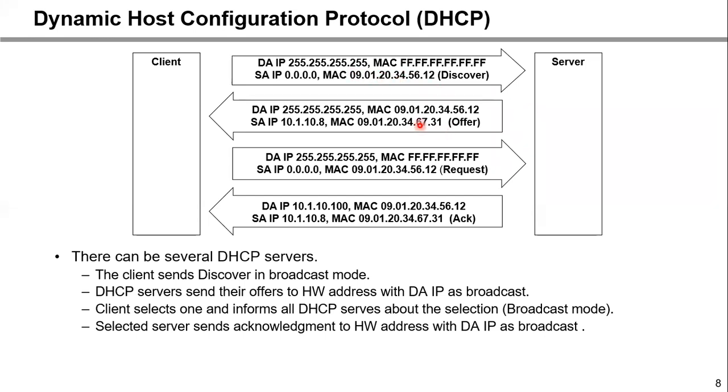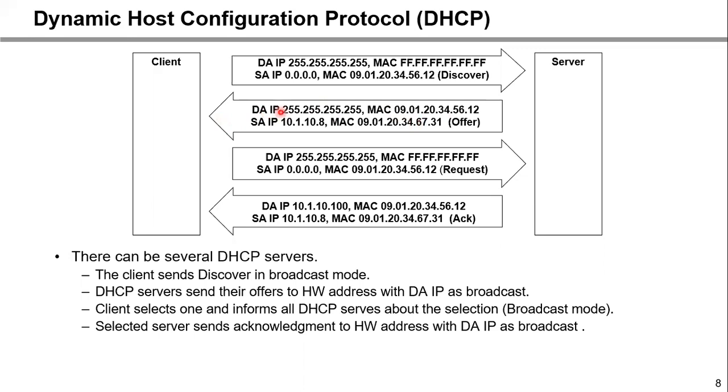Then in the server's response, it doesn't specify a destination IP address. First of all, it only specifies the destination MAC address. It picks up the client's MAC address and puts it as the destination MAC address, so that the packet will be received by this client only.